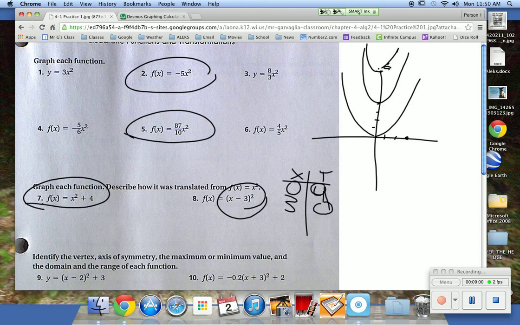I'm going to tell you right now, it looks like this. It moves it across the x-axis 3. But notice we have a negative 3 in here, and it moved it to the right, the positive side. So it's understanding where your graphs are and what your graphs are doing. That's really what this section is going to be about.